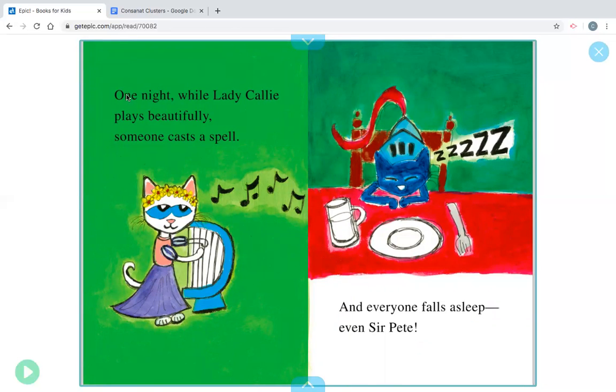One night, while Lady Callie plays beautifully, someone casts a spell. Oh no. I wonder who's that casting a spell.